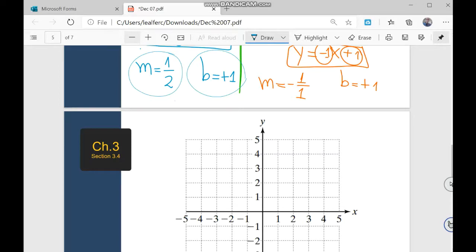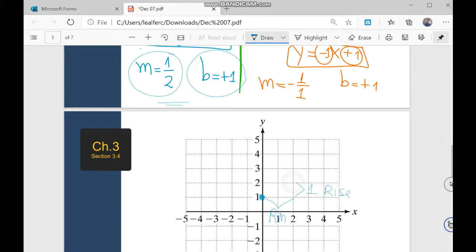First thing, inequality number 1. Draw the y-intercept. b is positive 1. The y-intercept, positive 1, here. And for the next point, we're going to use the slope. Run is 2. This is run. And rise is 1. This is rise.